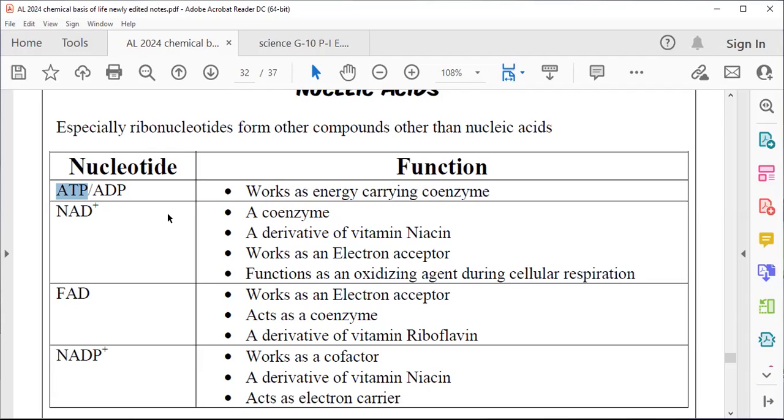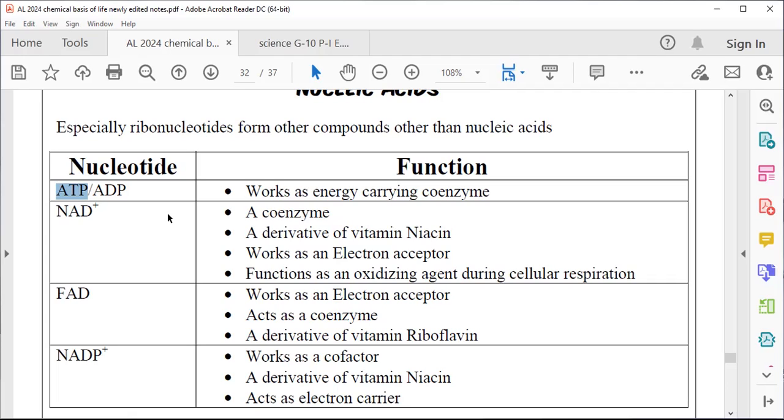NAD means nicotinamide adenosine dinucleotide. FAD means flavin adenosine dinucleotide.